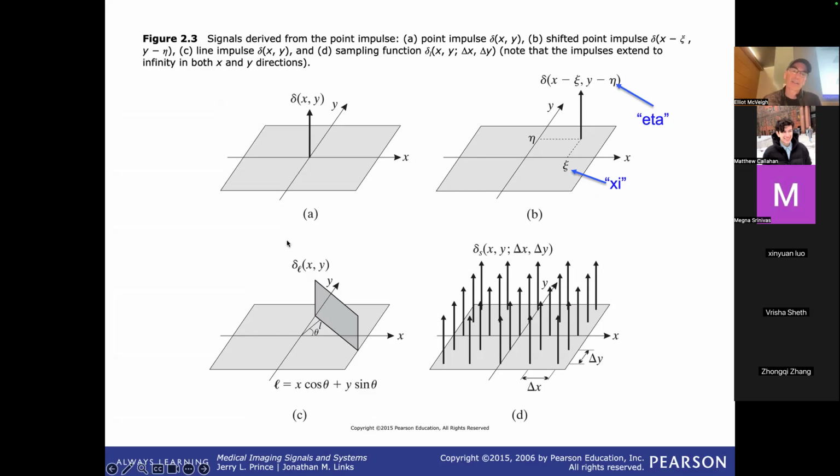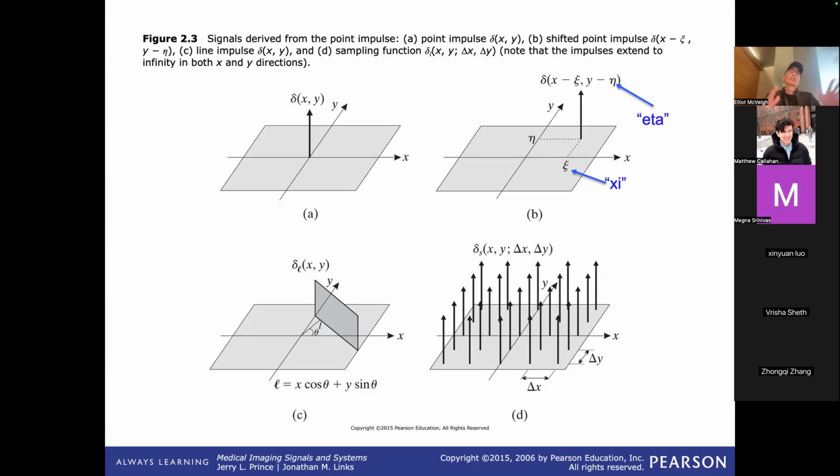And then in X-ray, what's going to be very useful is this type of delta function, which is a line. It's defined everywhere on the plane, everywhere in XY, it has a value. A lot of those values are 0. If I multiply a function by this thing and integrate, I get the value of the function along that line. So it's like a bunch of samples of the function along one line.